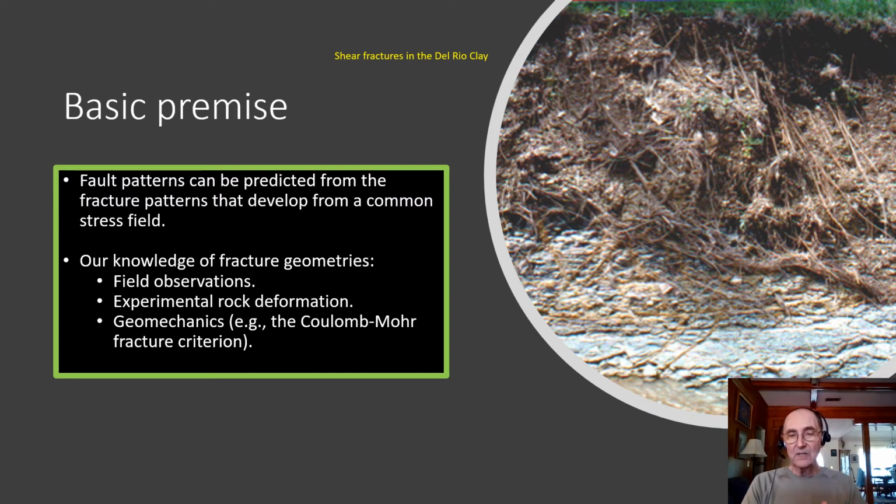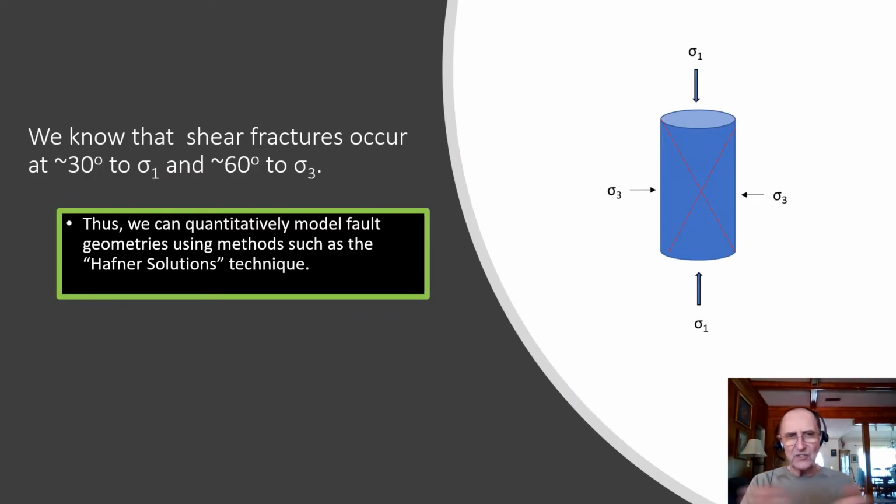Point in case, the Coulomb-Mohr fracture criterion. The bottom line is that we know that shear fractures occur at angles of about 30 degrees to sigma 1 and 60 degrees to sigma 3, sigma 1 being the major principal stress and sigma 3 being the minor principal stress.